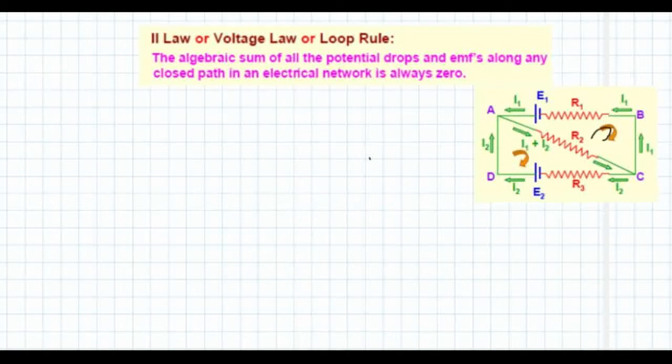Now, to solve this network, we use a given direction for the current. Normally we take the clockwise direction as positive. So the current which is in the clockwise direction can be taken as positive.